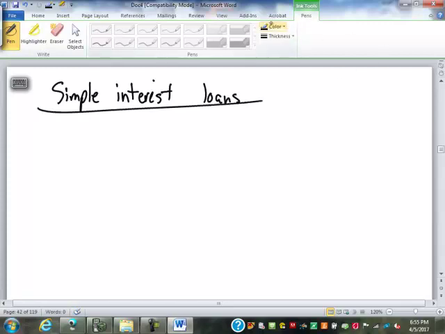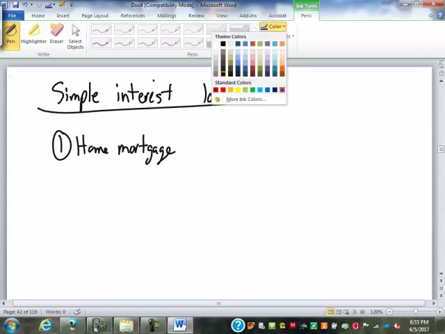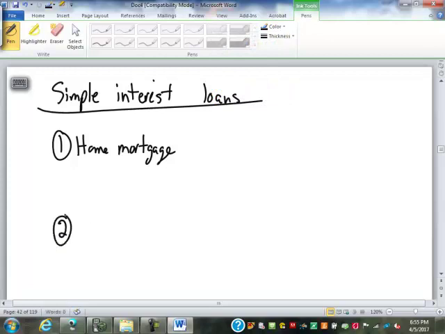The number one that's usually simple interest is a home mortgage. The number two one that's usually simple interest is an auto loan. In today's day and age, that includes auto loans, boat loans, ATV loans, snowmobiles, stuff like that, recreational vehicles.